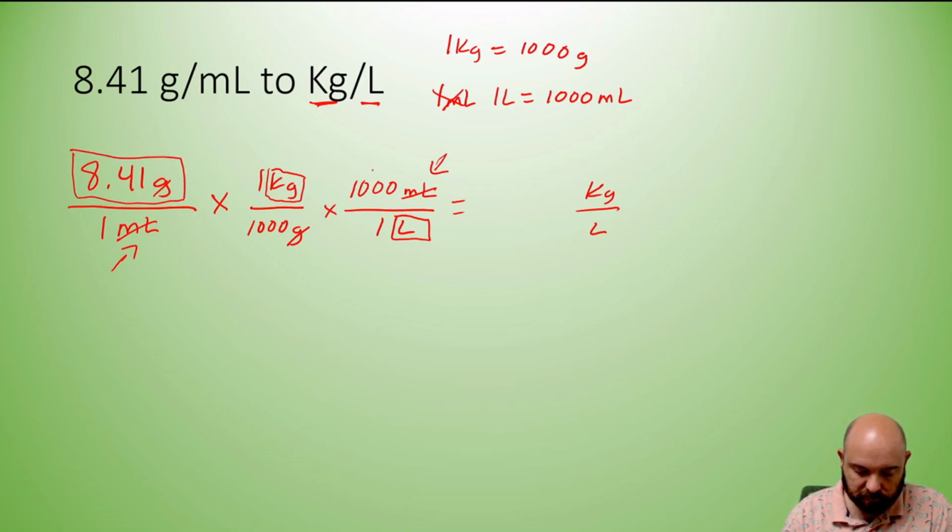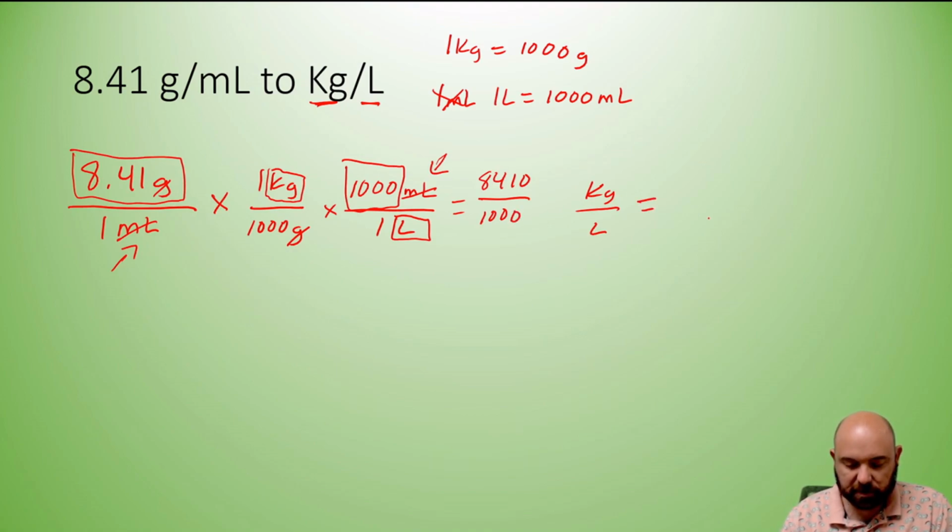8.41 times 1,000 would be 8,410, divided by 1 times 1,000 times 1,000, which is 1,000,000, which will ultimately calculate back out to 8.41 kilograms per liter.